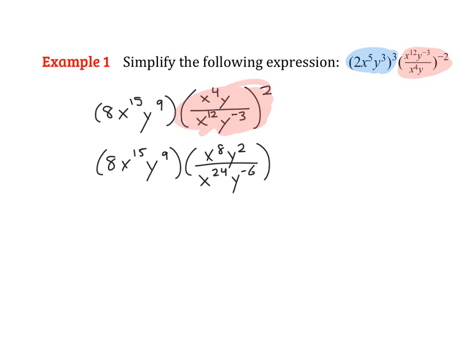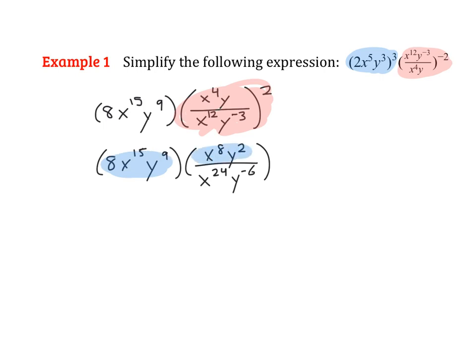So at this point, there's a few different things we can do. We could use our quotient law first and subtract our exponents here, or we can use our product law first and multiply the numbers that are in our numerator. So let's do that. Here I'm going to be multiplying this with our numerator.